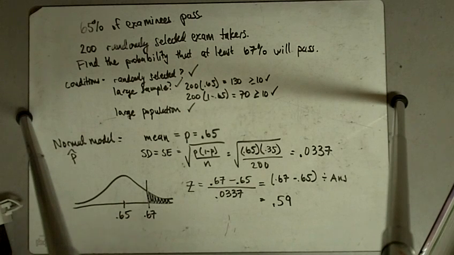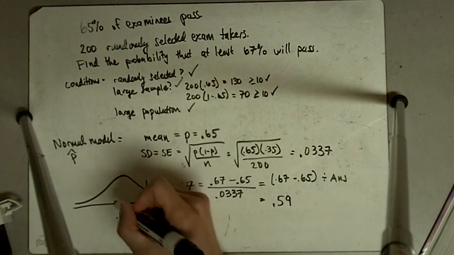It gives me the area to the left. For 0.59, the area to the left is 0.7224.